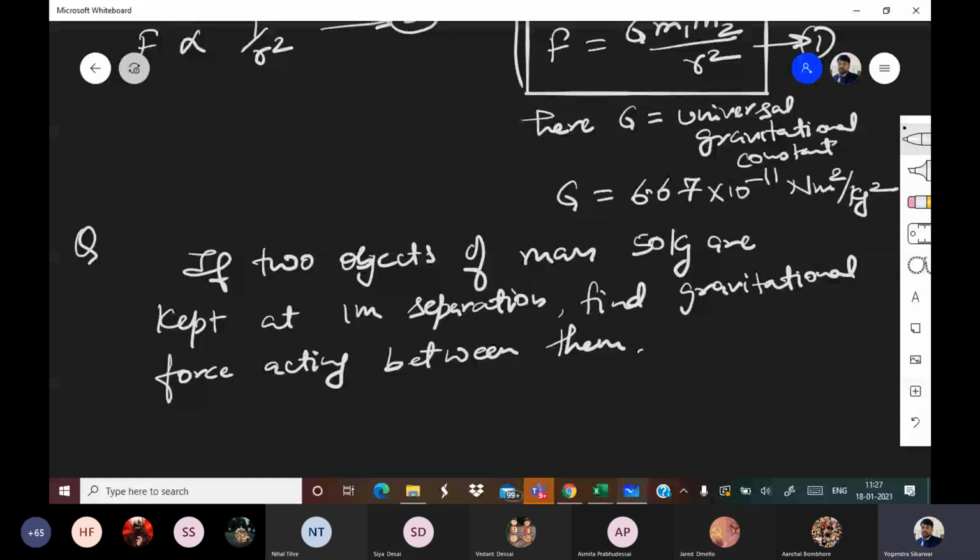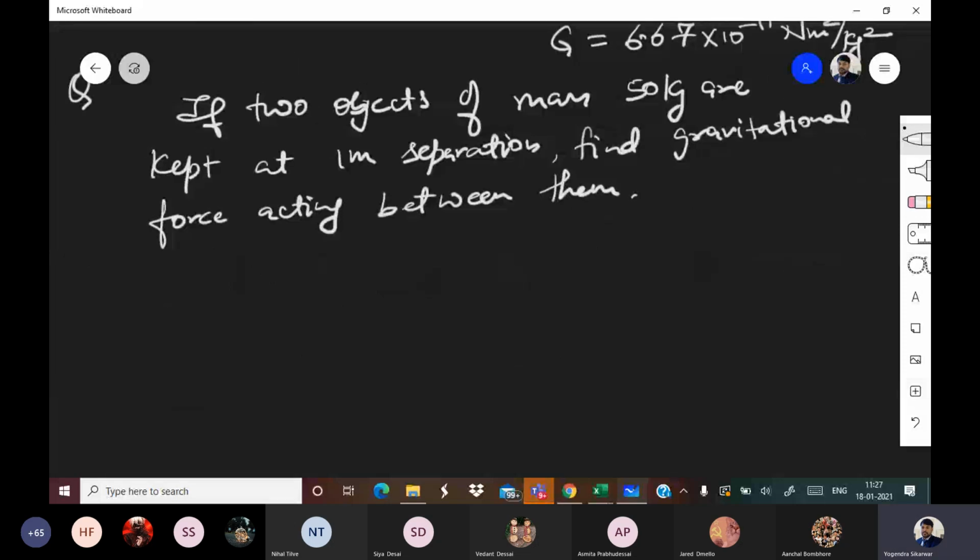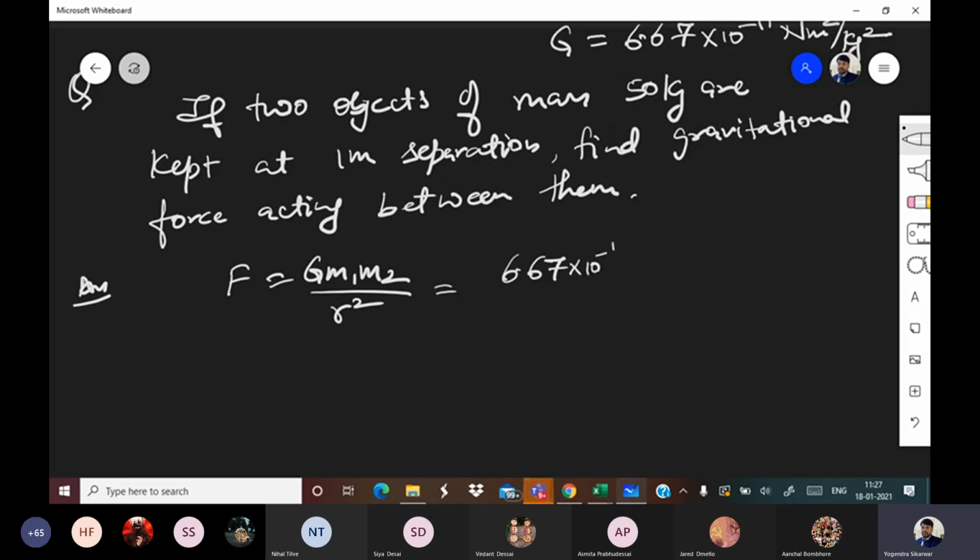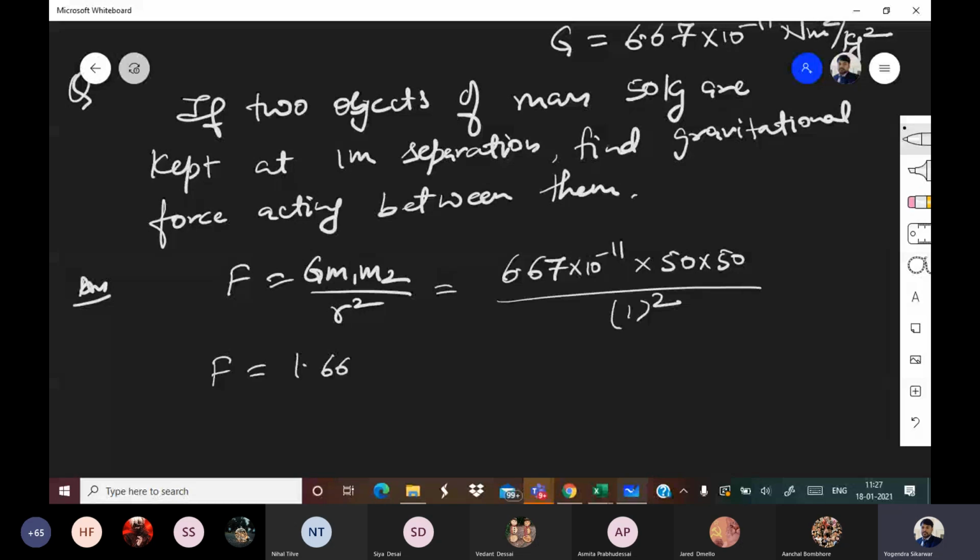All right. So F is equal to G m1 m2 upon r square. G is 6.67 into 10 to the power minus 11 into 50 into 50 upon 1 square, and that force comes out to be 1.6675 into 10 to the power minus 7 newtons.